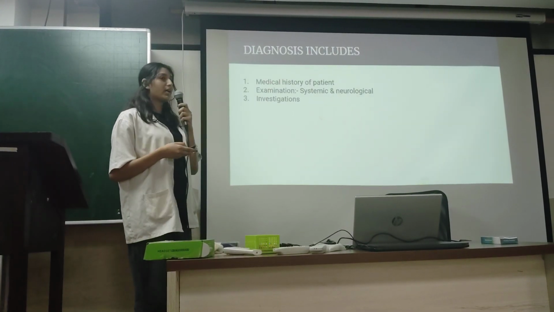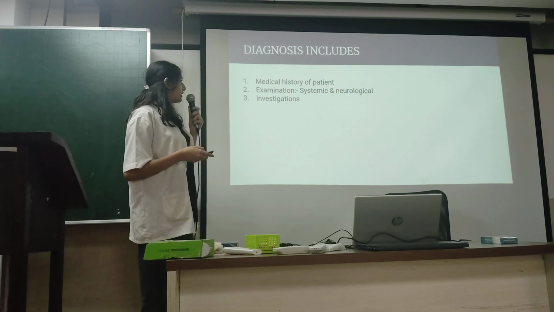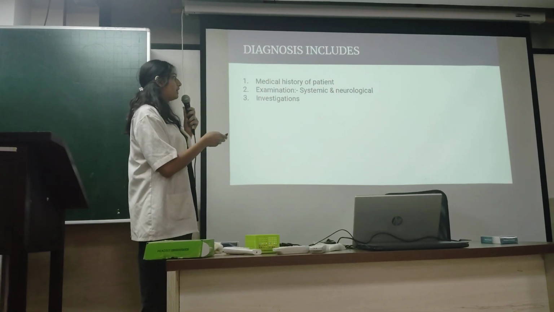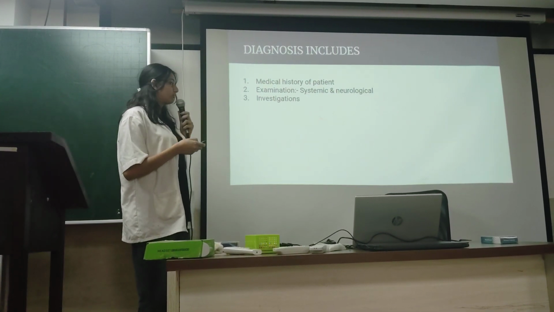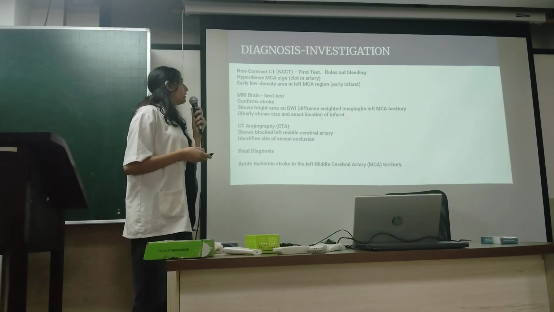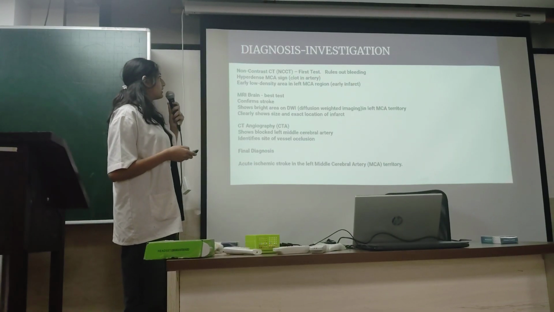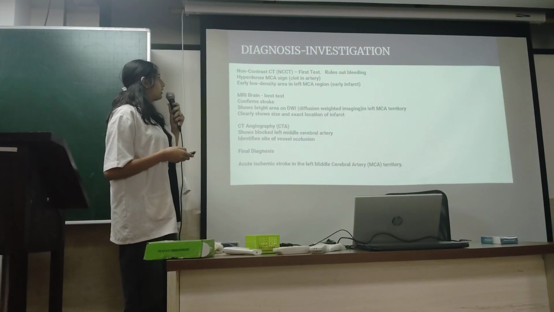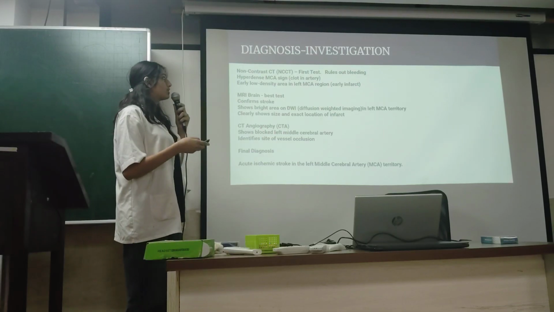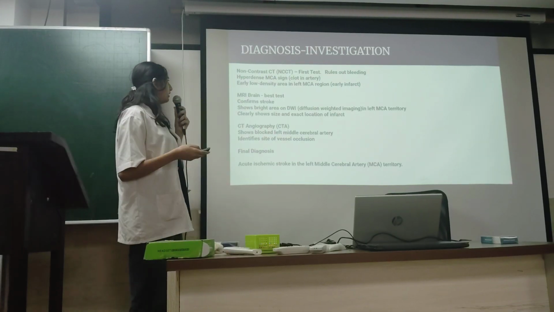The 3 steps in the diagnosis are medical history of the patient, examination, which is systemic and neurological, and investigations. In investigation, we see in the NCCT scan that it shows hyperdense MCA sign, which implies that there is a clot in the artery.